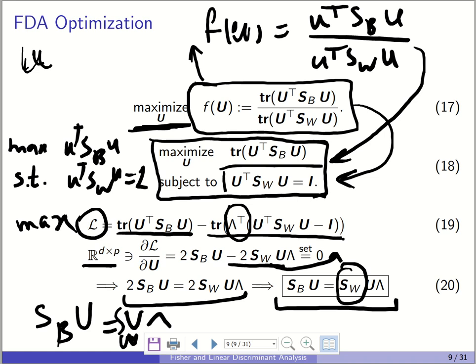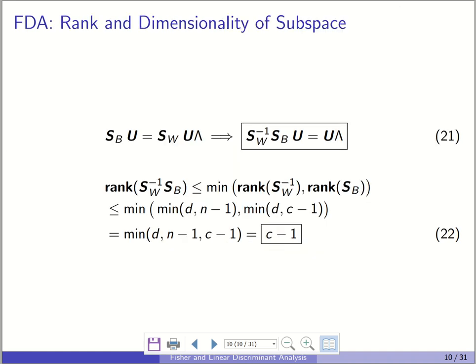If you want to know more about eigenvalue and generalized eigenvalue problems, you can see our tutorial on these topics. So the solution of FDA is a generalized eigenvalue problem. We can change this generalized eigenvalue problem to an eigenvalue problem, but how?